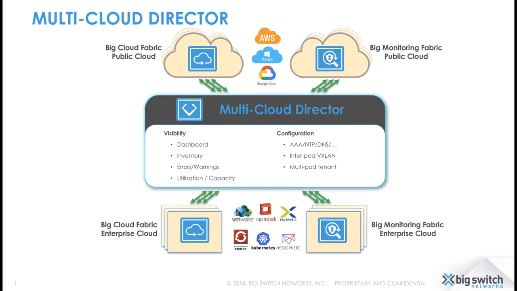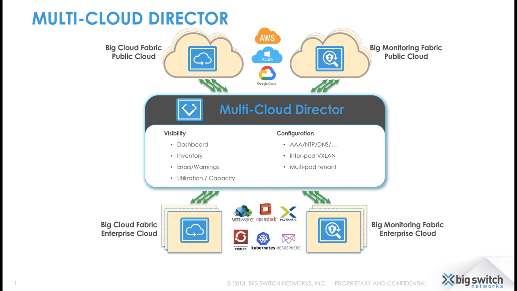As IT organizations scale out their deployments of BigMon Fabric monitoring and Big Cloud Fabric switching infrastructures, whether single-site, multi-site, or across various public clouds, they need a single pane of glass to manage these BigMon Fabric and Big Cloud Fabric deployments.